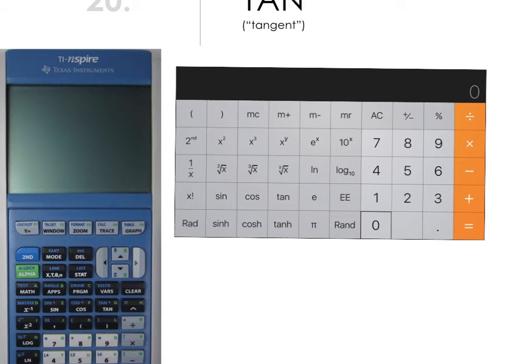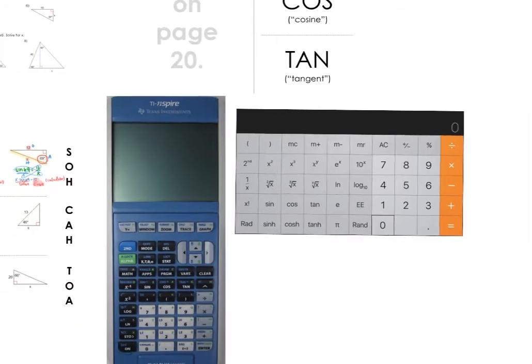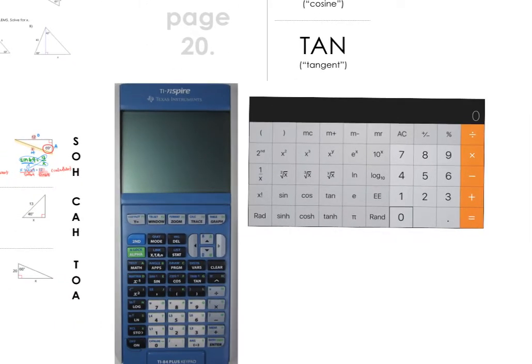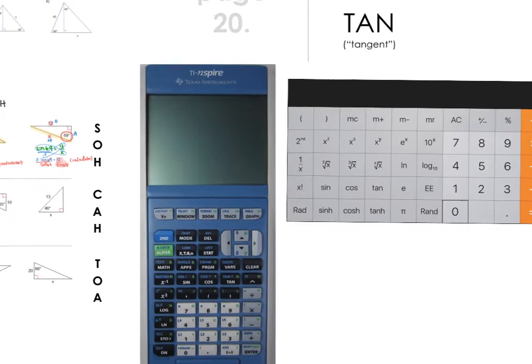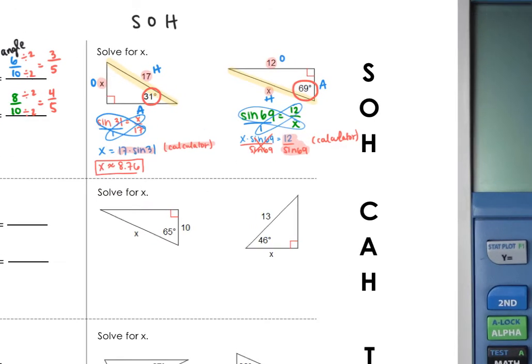So using the iPhone calculator, we would do 12 divided by, since we're doing sine of 69, we would type in 69 first, hit sine, and then hit equals, and that should give you your answer. So when you put that in your calculator, you should get x is about 12.85.